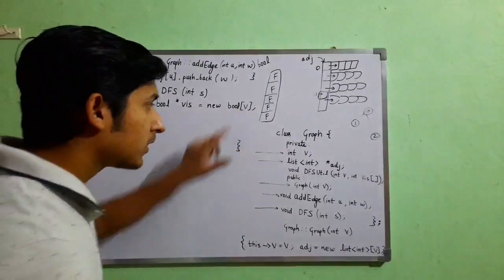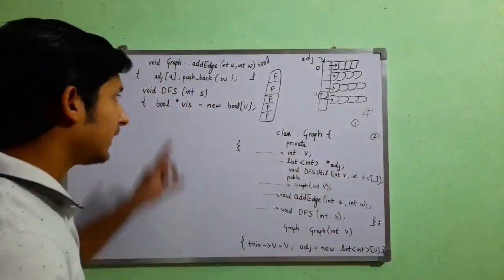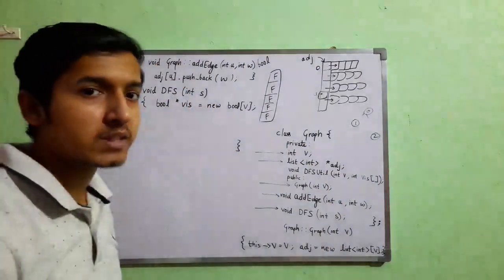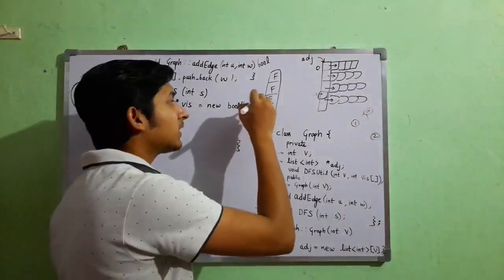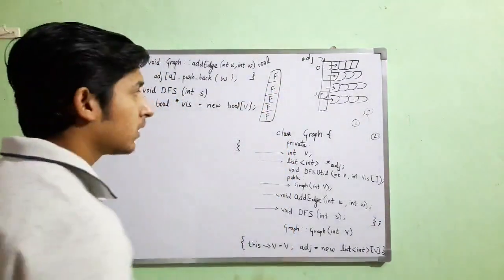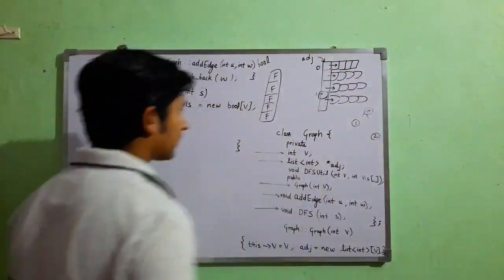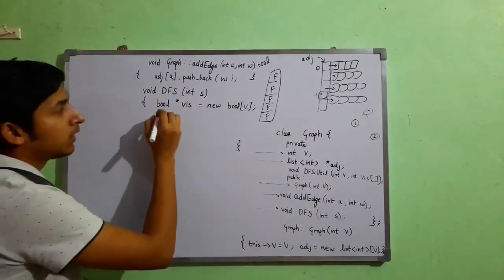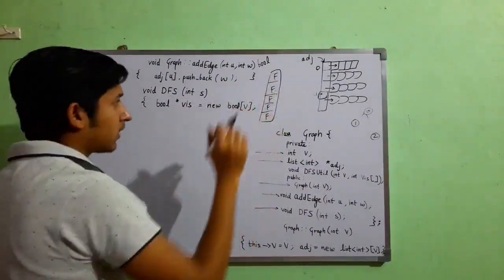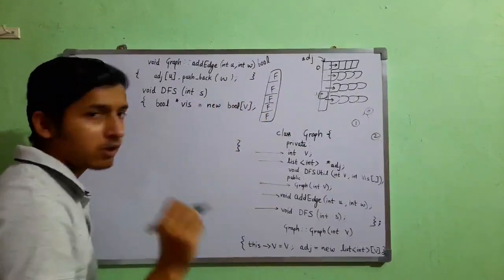This will use the v of this graph. If any v would be passed to this function, then I would be using this arrow v. Okay, by default it will take this. Now I declared an array. Now I am to initialize all these with false.